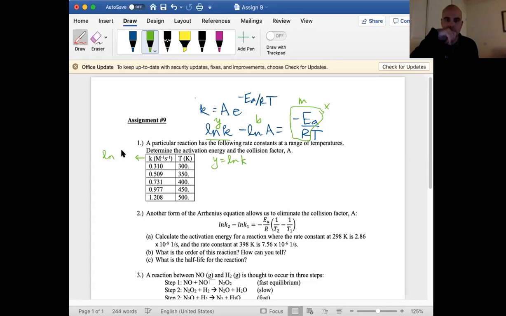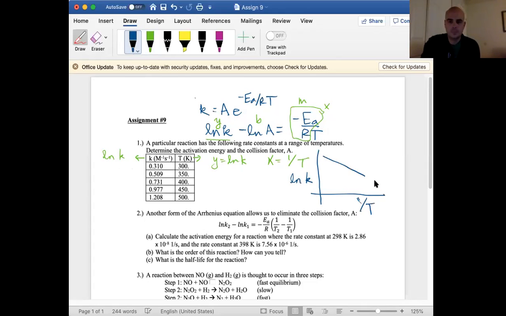We're just going to, in Excel, calculate natural log of k, and then x is equal to 1 over t, and so we're going to do that over here to this column, take the 1 over t for those guys, and then we're just going to plot them, natural log of k versus 1 over t, and we should get some kind of a straight line.